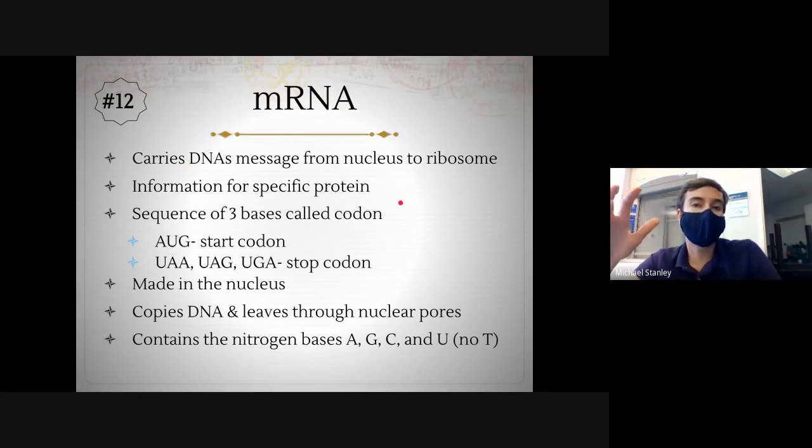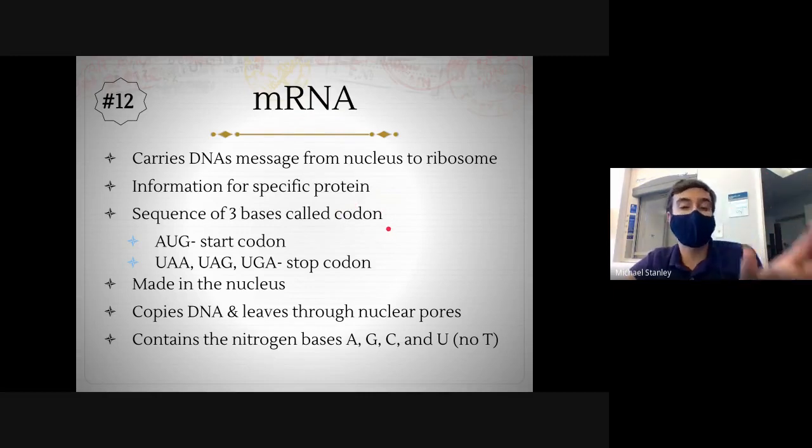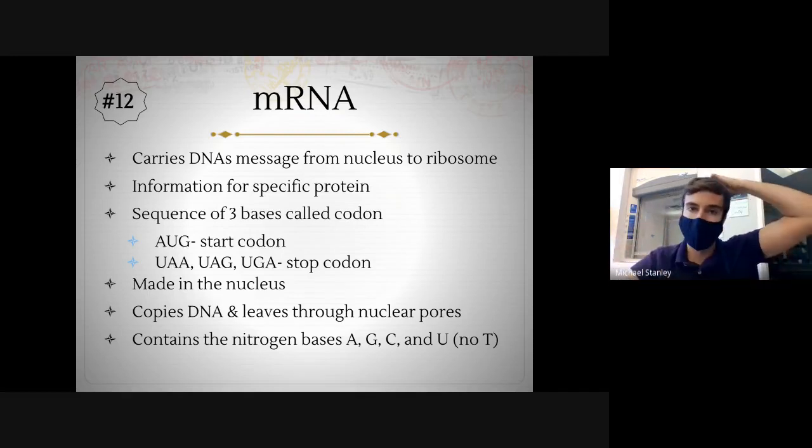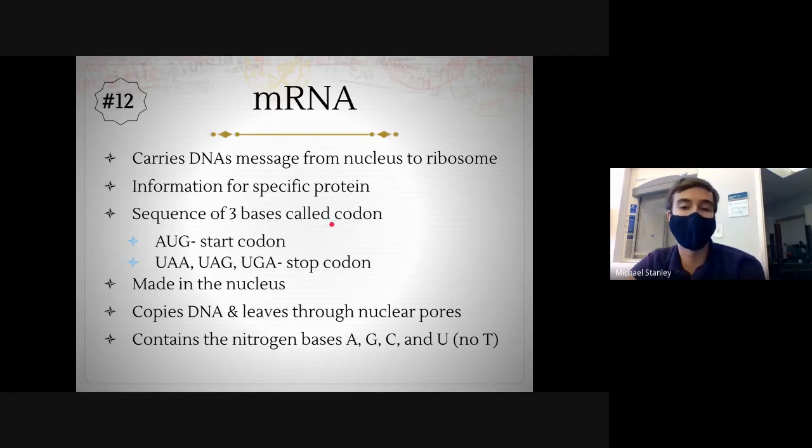So the way that mRNA is set up, or the way that it copies and carries the message, is in a sequence of 3 bases called a codon. So every set of 3 bases on the mRNA is something called a codon. And we'll talk about what that does a little bit later on.